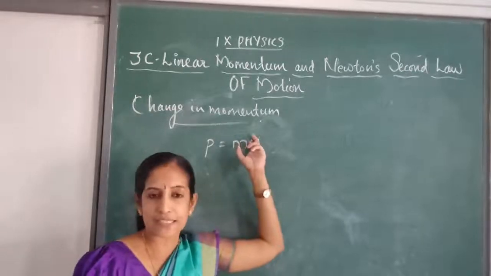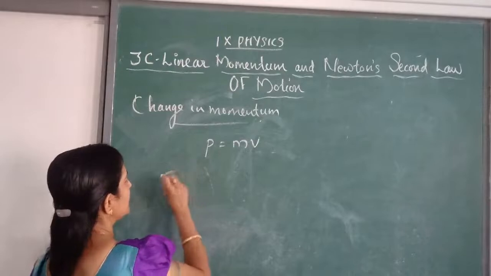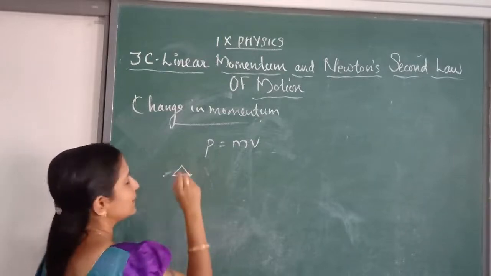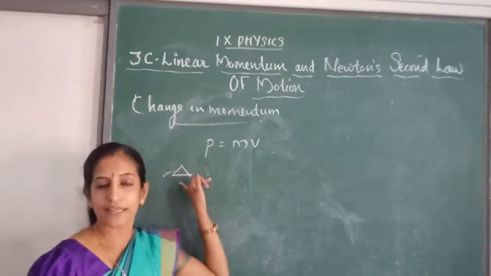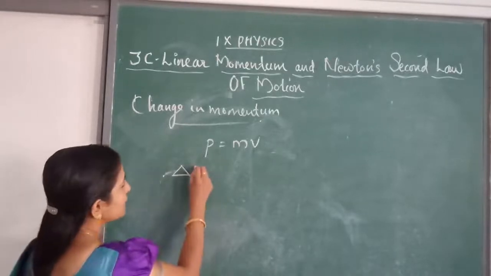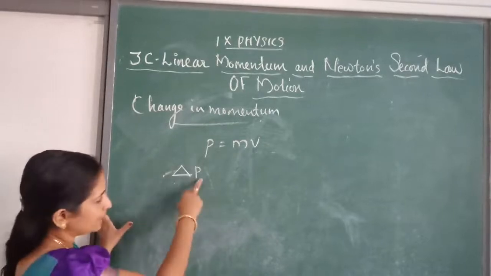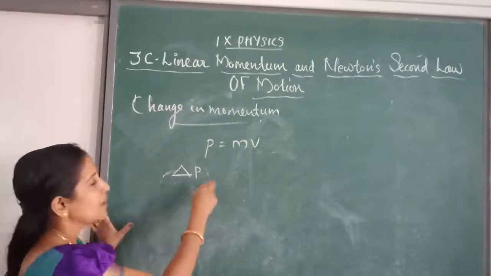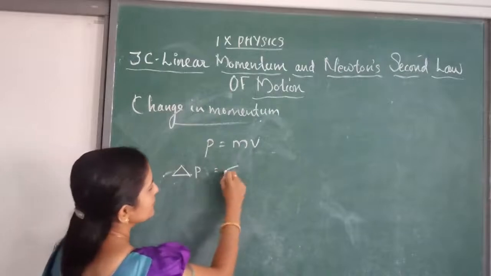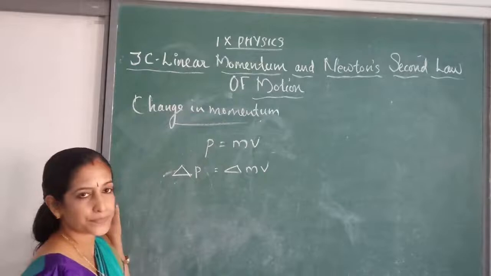A small change in momentum can be denoted by the symbol delta. Delta denotes a small change. So we can write change in momentum as delta P, which is equal to the change in the product of mass and velocity.